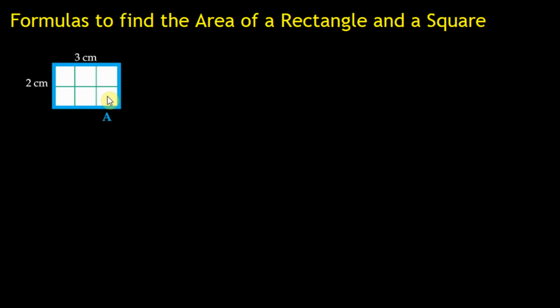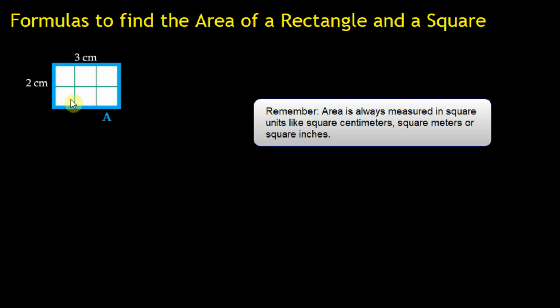Then to find the area of rectangle A, we will count all the grid squares inside it. There are 1, 2, 3, 4, 5, 6 grid squares of 1 square centimeter inside rectangle A. Therefore, area of rectangle A is 6 square centimeters and we write it as 6 centimeter square.